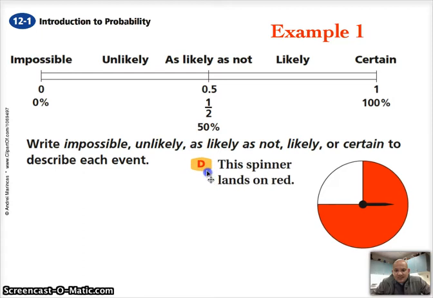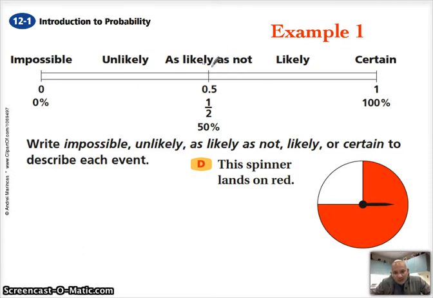Let's look at D, the last example on this slide. It says this spinner lands on red, and as we look at this spinner, it is mostly composed of red with a quarter section composed of white. So we can't say for certain that it'll land on red, and we can't say it's impossible for it to land on red because it'll probably land on it the majority of the time.